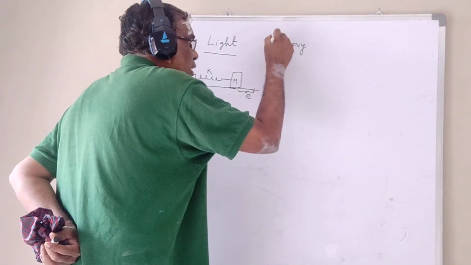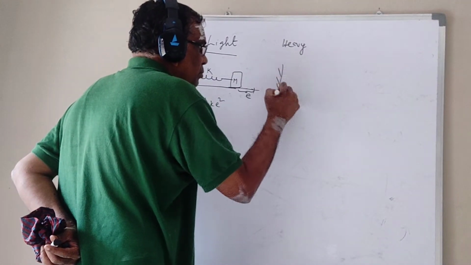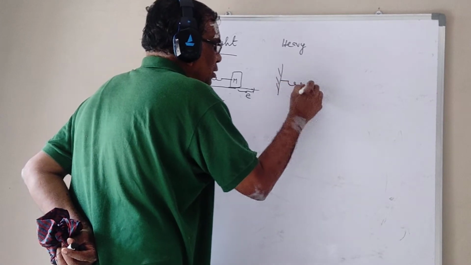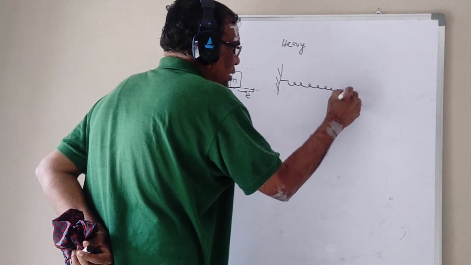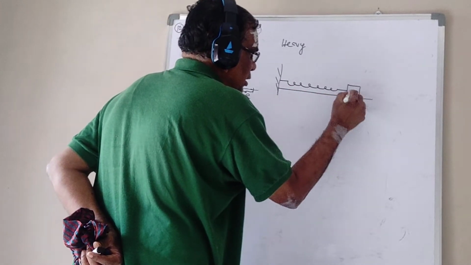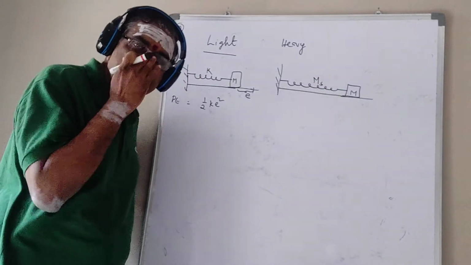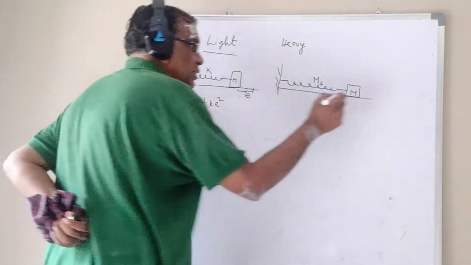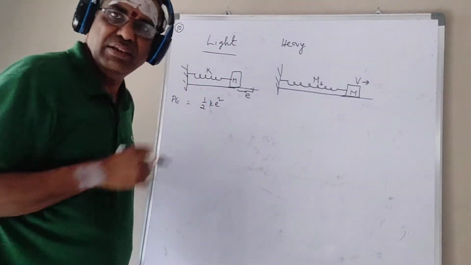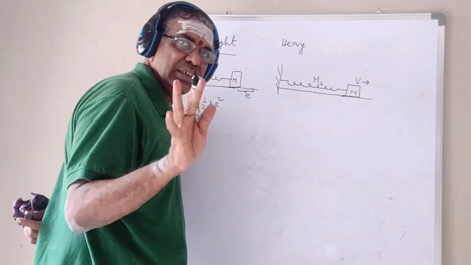Now, coming to this heavy spring, there is a problem. For example, let us say this is mass M. Mass of the spring itself is ms. So suppose at one stage, if it has a velocity, the entire spring cannot have the same velocity.